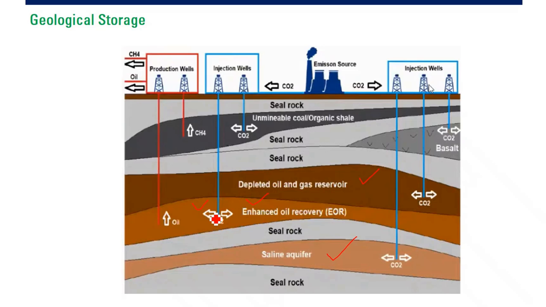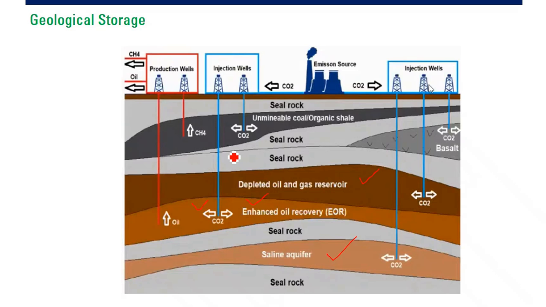Jadi kita bisa injeksi CO2 selama produksi, itu namanya CO2 EOR, atau kita bisa injeksi CO2 setelah produksinya selesai, setelah stop produksi karena oil and gas reservoirnya udah depleted. Okay, so you can do either during production, which means you do enhanced oil recovery CO2 EOR, or you can do after the production finished in depleted oil and gas reservoir.